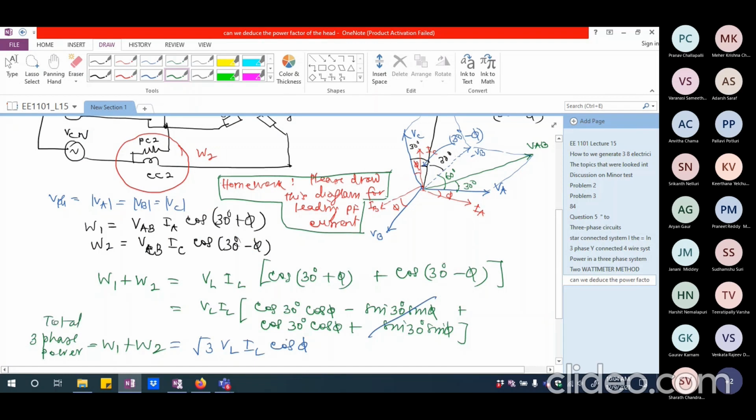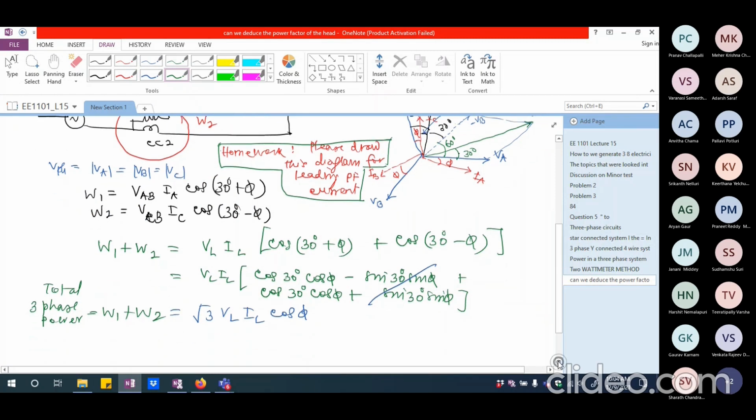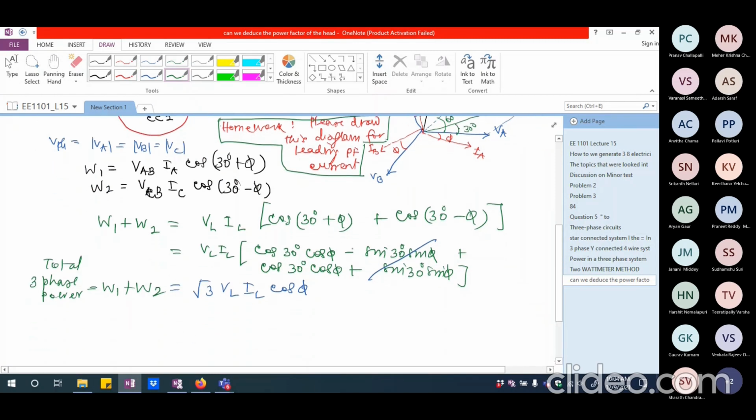Now rather than doing W1 plus W2, obviously from this expression I would be able to get sine phi in the expression if I subtract W1 and W2. So if I say W1 minus W2, I'm going to have VL IL sine phi and sine 30 twice.